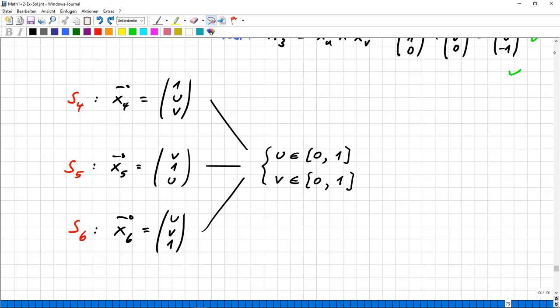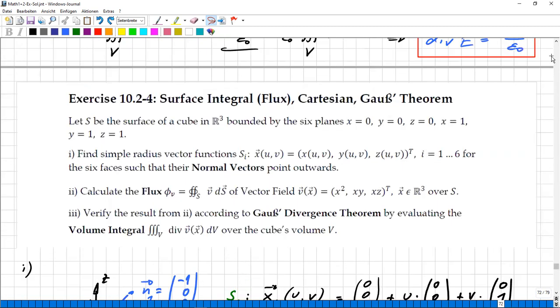Why? Well, 1 u v means that the x component gets to be 1. So here, inserting 1 for x, u for y, and v for z, we always get, since this is nothing else than multiplying the radius vector x y z with an additional factor of x. And if the factor of x equals 1, it gets identical to the radius vector.